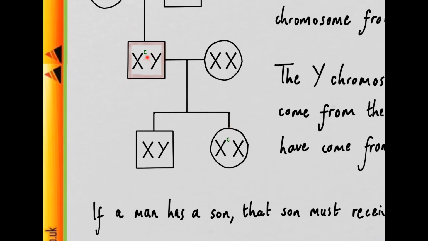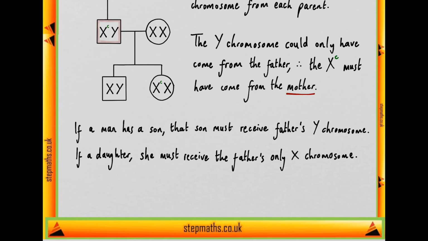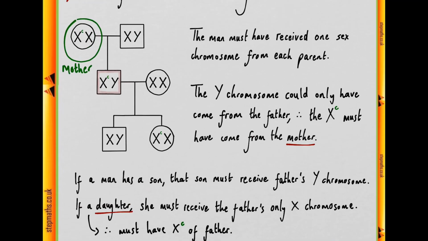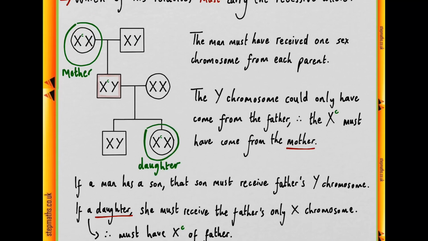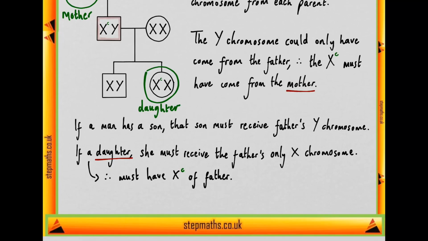However, the father has to pass on the only X chromosome that he has. So if a father has a recessive allele carrying X chromosome, then the daughter must have that chromosome as well. And so our answer is that the mother and the daughter must carry the recessive allele if this particular man happens to have one, and therefore our answer is option D.